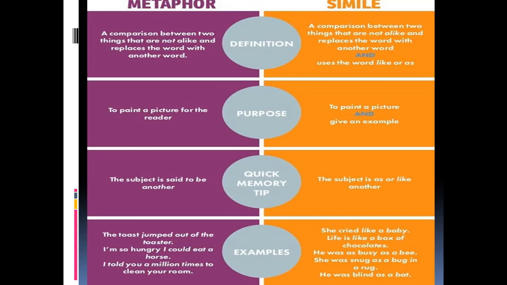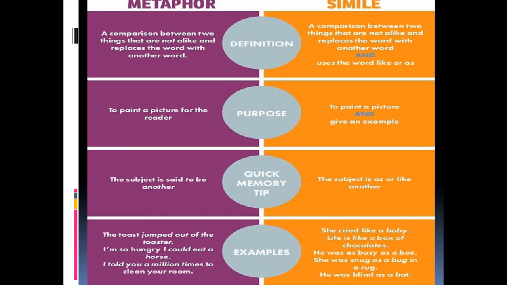And a simile is a comparison between two things that are not alike, replaces the word with another word, and uses the word like or as. What is the purpose of metaphor? To paint a picture for the reader. And what is the purpose of simile? To paint a picture and give an example. And what is the quick memory tip? The subject is said to be another in metaphor, and the subject is as or like another in simile.